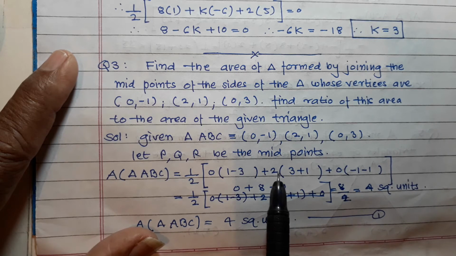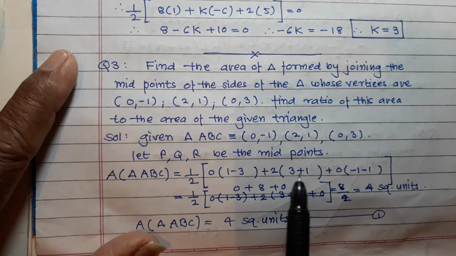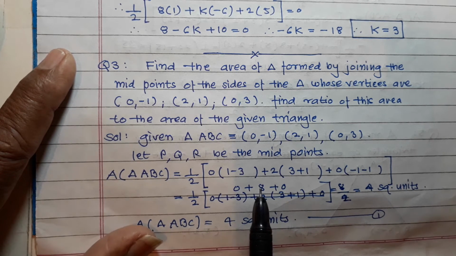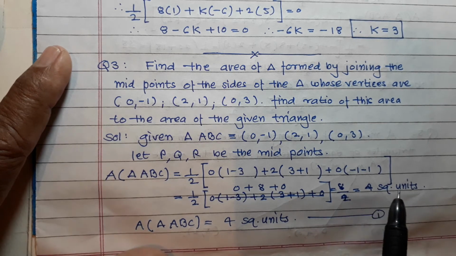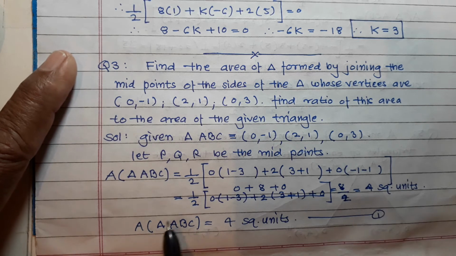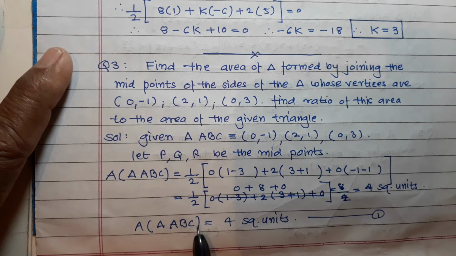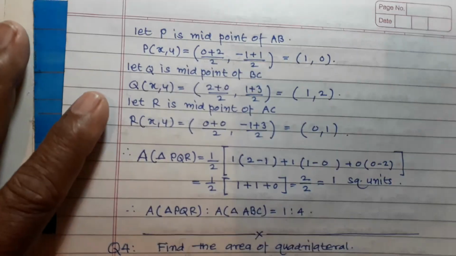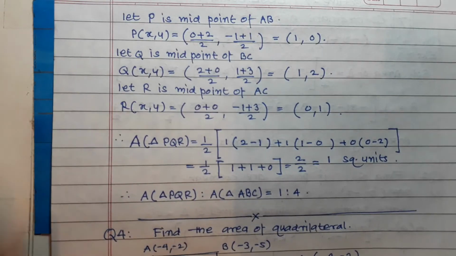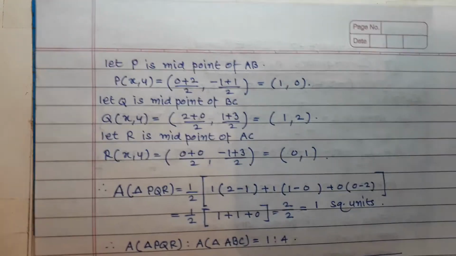So this is 2 into 4 gives you 8, and 8 upon 2 is equal to 4 square units. So therefore the area of triangle ABC is equal to 4 square units. Then you find the area of the triangle formed by joining the midpoints of the sides.